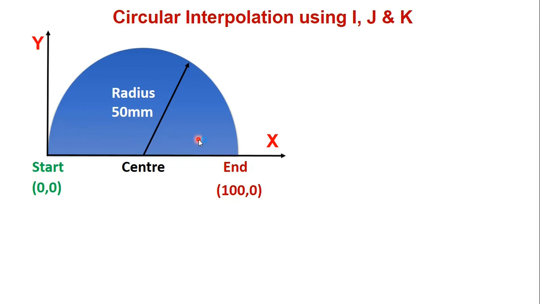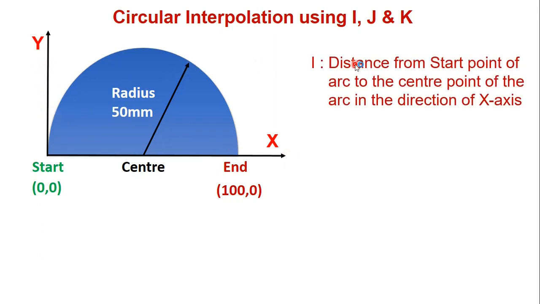Let's assume I am using the X and Y plane. So what I says: I is the distance from the starting point of the arc to the center point of the arc in the direction of the x-axis. So where is the starting point?